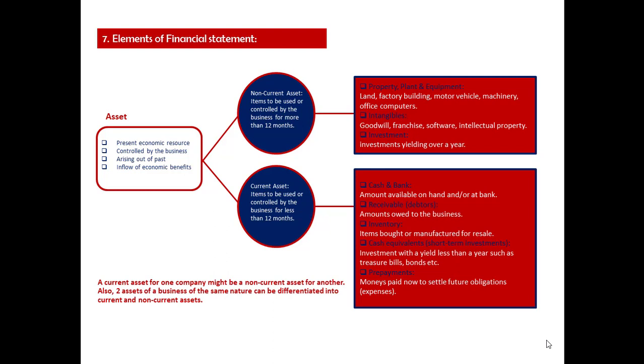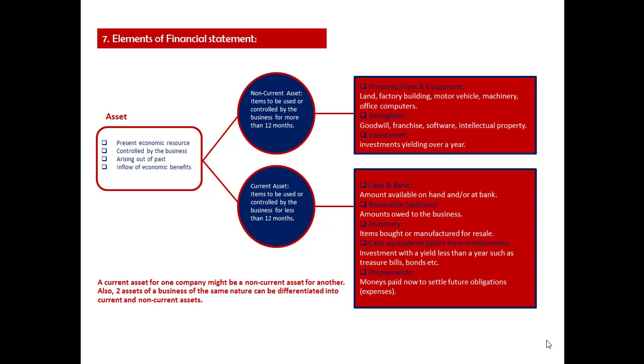Also, if it is arising out of past events, you can trace the existence of the motor vehicle in the business to maybe a purchase or a lease, then it is an asset. Then if the motor vehicle has the potential of bringing in economic benefit. If the motor vehicle is bought and it cannot be used, it cannot be considered as an asset. So any item that fails any of these criteria fails to be an asset.